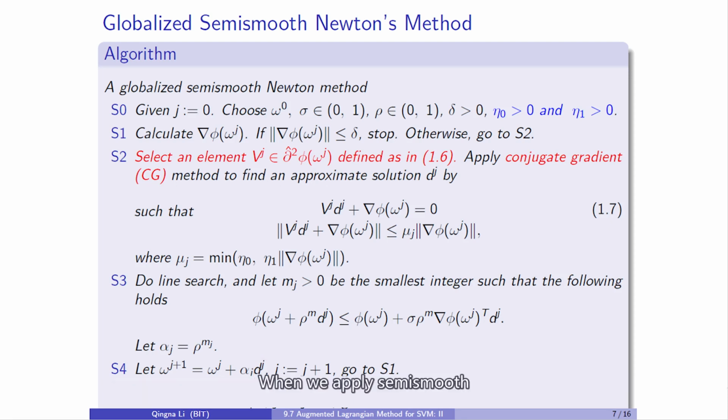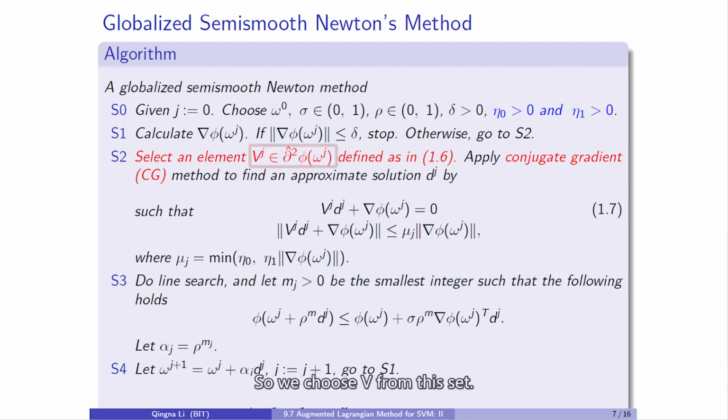When we apply semi-smooth Newton's method to get the direction, we have two issues to pay attention to, okay? The first one is that this matrix V must be selected from this larger set of generalized Jacobian, all right? Recall that we use this hat to denote a larger set of the generalized Jacobian of phi.